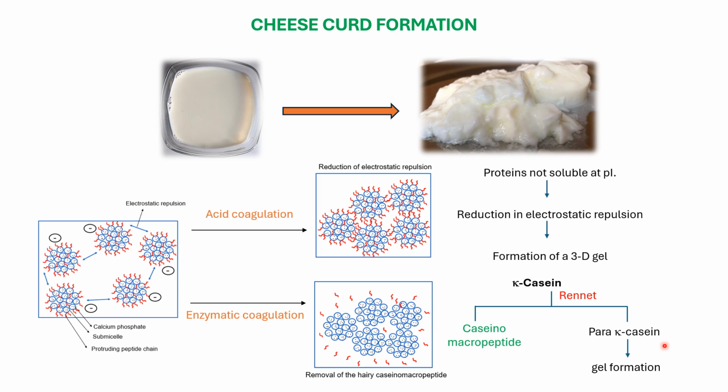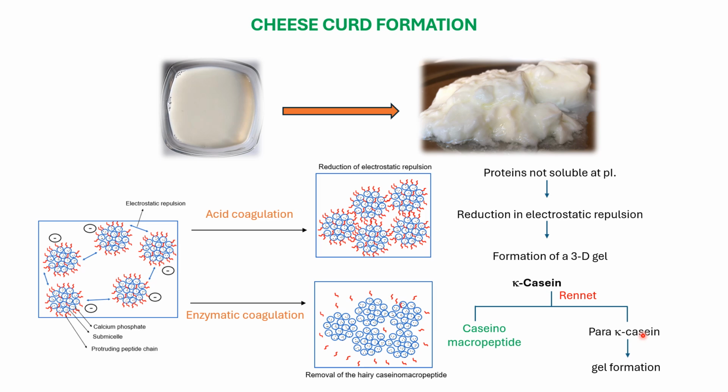Once enough kappa casein has been disintegrated, there is a tendency of hydrophobic molecules to come together via hydrophobic bonding in order to reduce the free energy of the system.